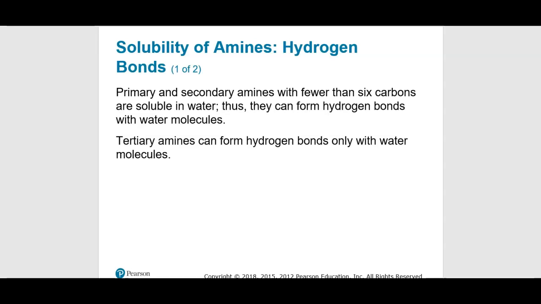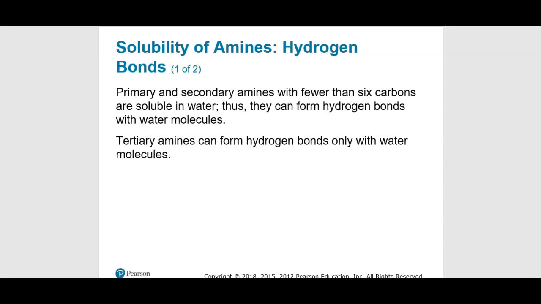So primary and secondary amines with fewer than 6 carbons are soluble in water. Why? Well, they can form hydrogen bonds with water molecules. Remember, hydrogen bonds can be formed between hydrogens attached to oxygen, fluorine, and nitrogen. In fluorine's case, you're only going to see fluorine attached to hydrogen.